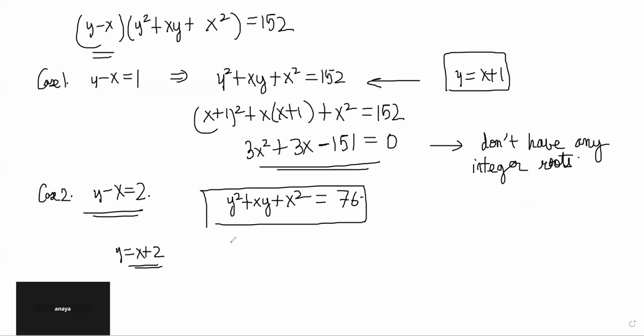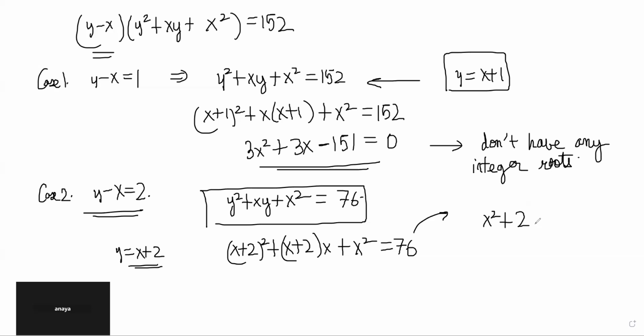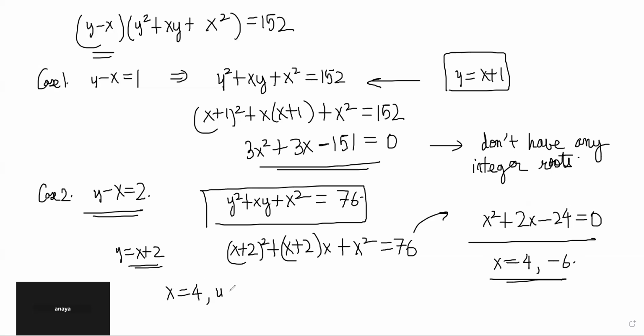So we get x plus 2 whole square plus x plus 2 into x plus x square is 76. After simplification, it becomes x square plus 2x minus 24. From here you get x is equal to 4 or minus 6. We wanted positive numbers, so we take x equal to 4. And if x is equal to 4, y is equal to 6.